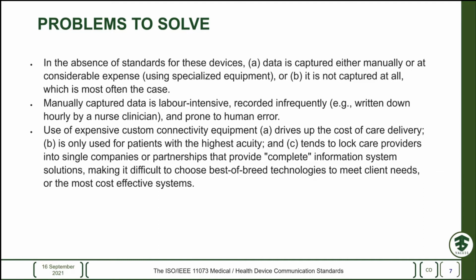So what problems are we solving with this standard? If we did not have it, we would have to work manually. And this is what has been done and is still being done in many hospitals around the world.